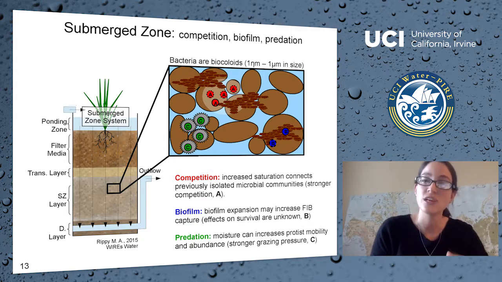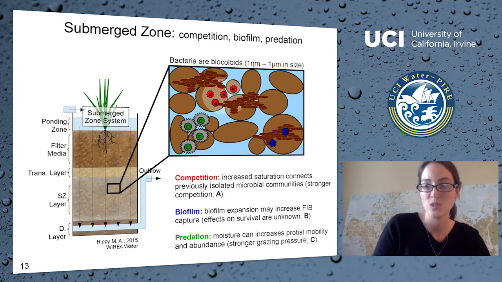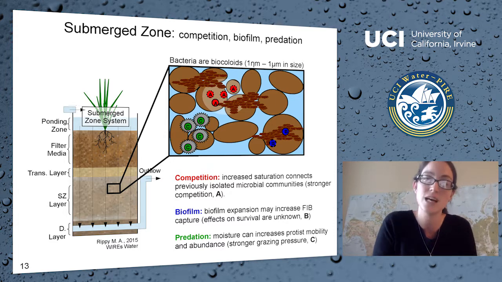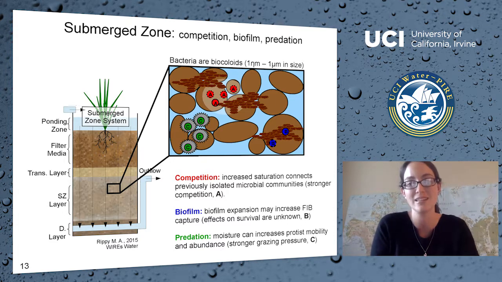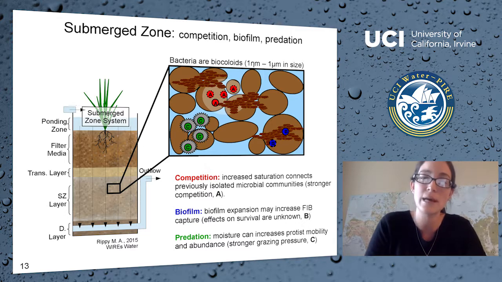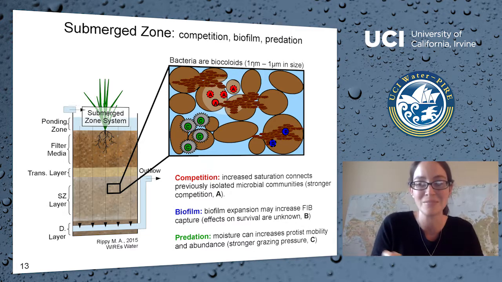And it's not totally certain what this will do to fecal indicator bacteria themselves, and that's what's shown in sort of our little particles A here. Some of them are dashed, indicating they're dying, and some of them have a solid boundary, indicating that they're doing just fine. And it's likely to depend on the communities that are interacting, that are competing.